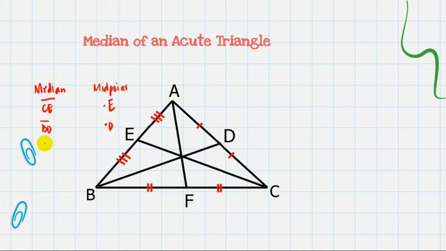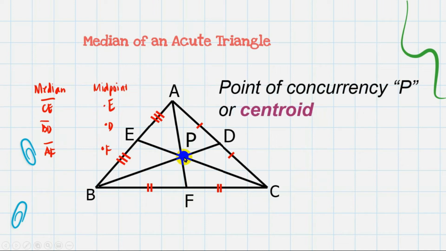So, ang last median ay line segment AF with the midpoint at point F. Ayan. So, ibig sabihin, si line segment BF ay congruent kay line segment FC or CF. And again, meron tayong point of intersection for these 3 medians. Ang tawag po natin doon, huwag kakalimutan, centroid. Okay? Centroid.